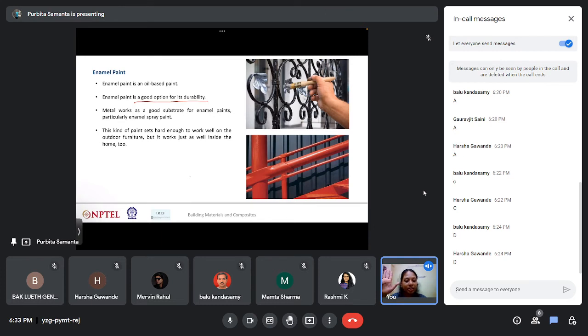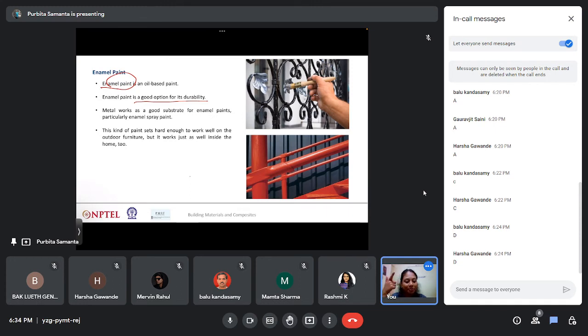But the other metals definitely need a layer of paint, because otherwise corrosion and rusting is going to happen. Metal itself is a very durable material, and on top of this, enamel paint is again a very good paint which has high durability.